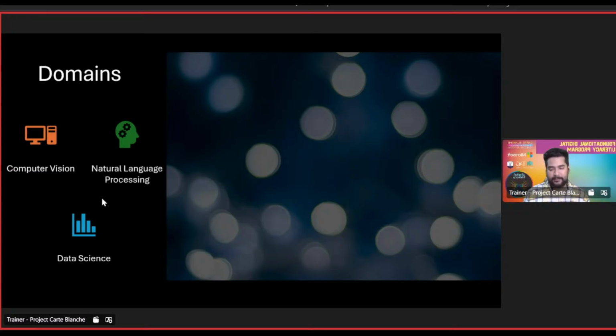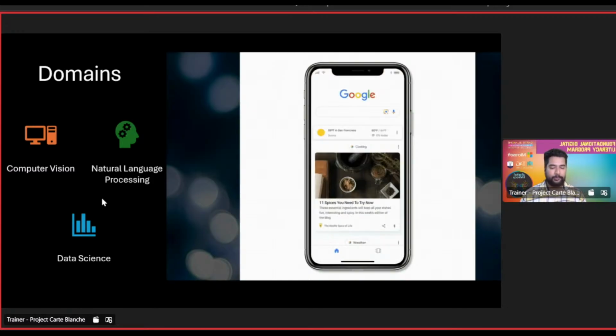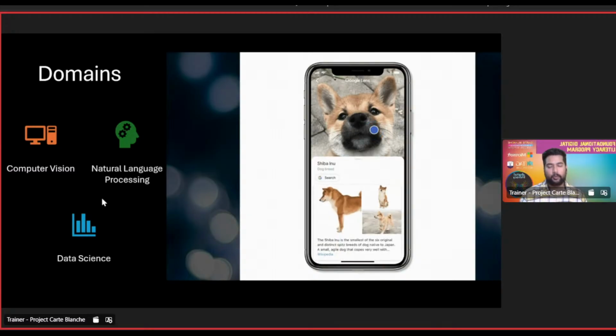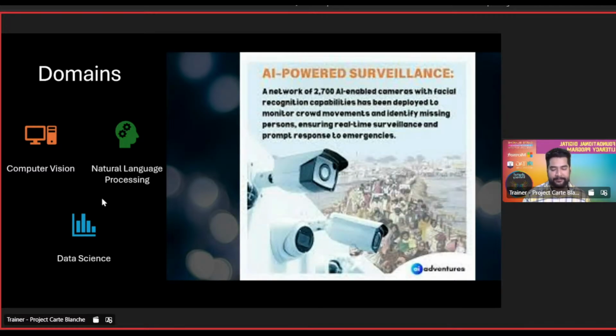AI has basically three important domains where it is used today: computer vision, natural language processing, and data science. When you talk about computer vision, you Google scan any image of a dog on the road, and it shows which breed it is. Likewise, mobile facial recognition, all of this is an application of AI in computer vision, as well as AI powered surveillance cameras.